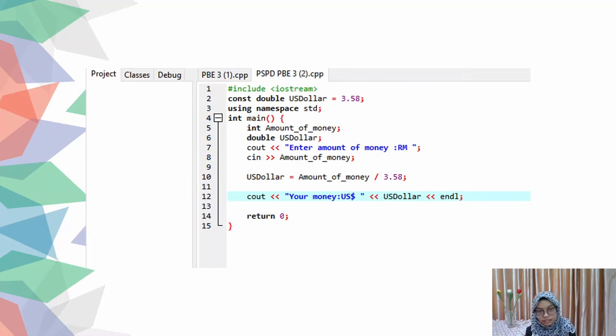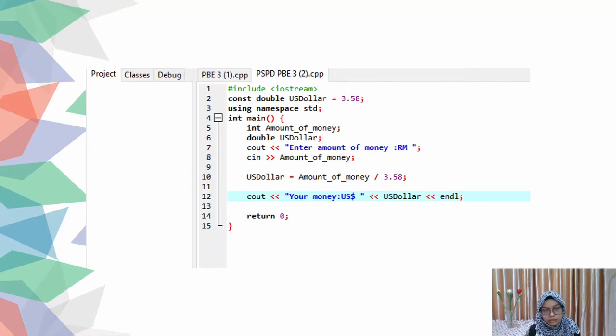First, use hashtag include iostream, and then const US dollar equal to 3.58 ringgit. And then using namespace std and enter int main, and declare amount of money and US dollar.